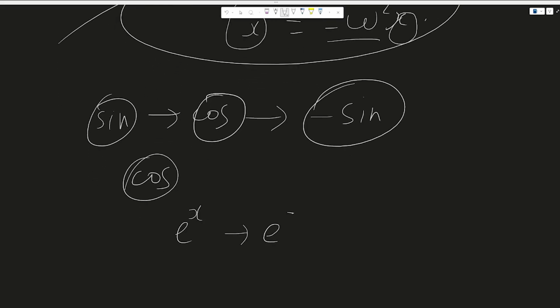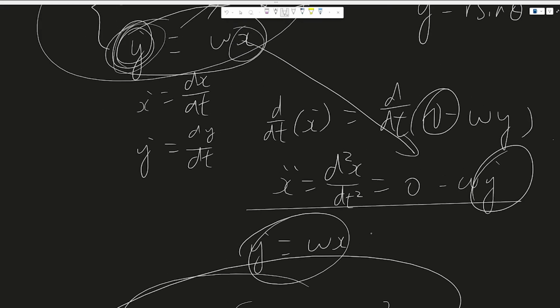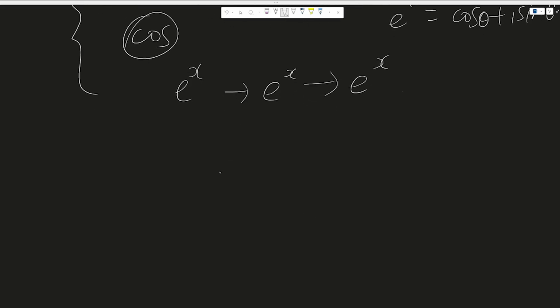An exponential always gives us an exponential after the derivative. Let's go with the exponential because we know these three are related, since e to the i theta equals cosine theta plus i sine theta. So let's go with e first. Let's guess a solution: let x be e to the alpha t.